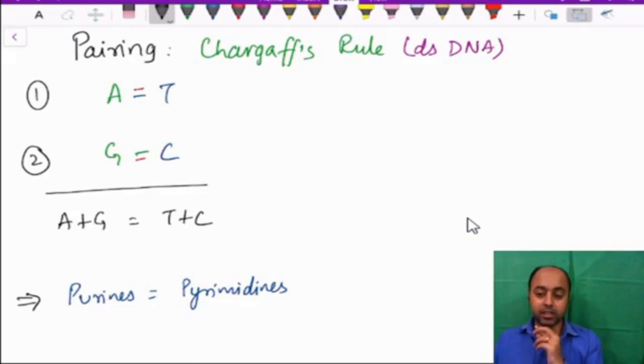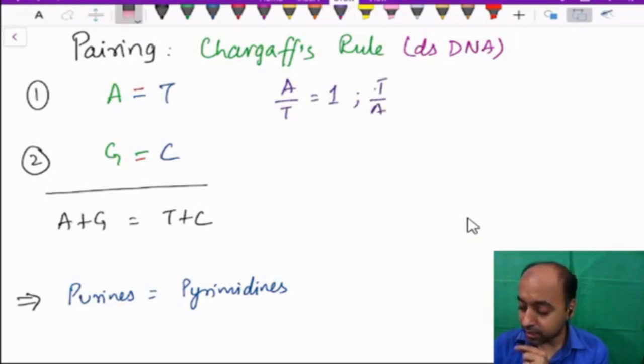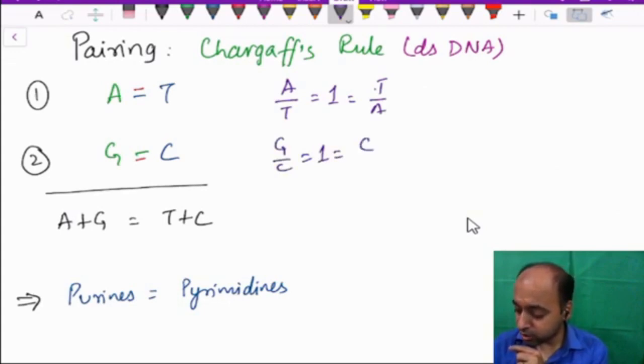But the relationships do not stop here. We can extrapolate these relationships. For example, if adenine is equal to thymine, this means the ratio of adenine to thymine will be 1, or the ratio of thymine to adenine will be 1. Similarly, the ratio of guanine to cytosine will be 1, which is equal to the ratio of cytosine to guanine.